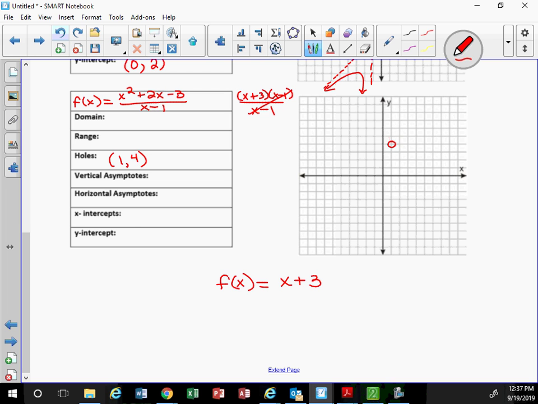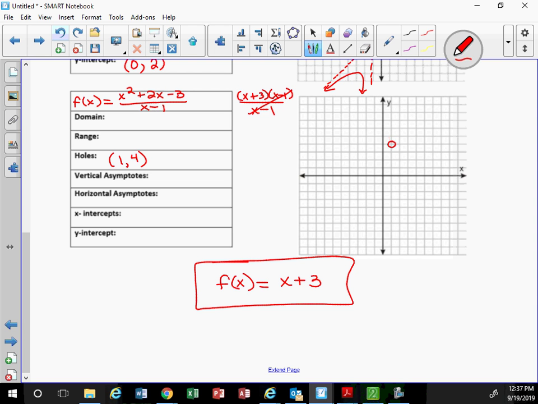Wait, but isn't the thing implied? There's not. There's only the hole. You only find the vertical asymptote after you've reduced. So is there a vertical asymptote in that? No. That's what I mean. Don't make these harder than they are. Wait, but what about that?